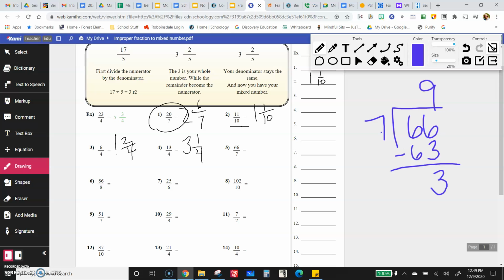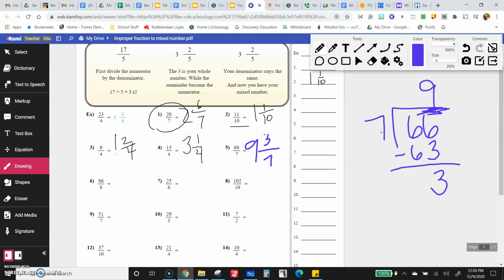Subtract, I get 3. 9 is my whole number. 3 is my numerator. 7 is my denominator. My denominator always stays the same. My remainder becomes my numerator. My quotient becomes my whole number. Different strategies to figure it out.